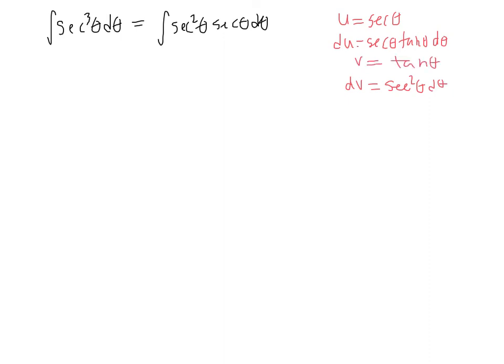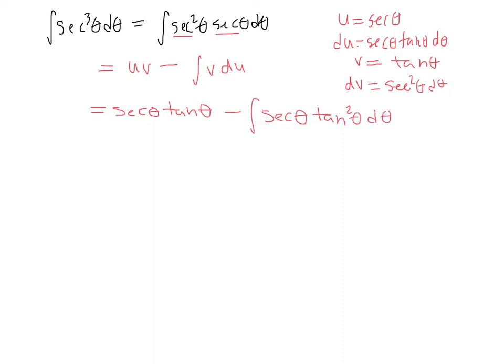And that integration by parts formula tells us that we have uv minus the integral of v du. So uv will be secant theta tan theta minus the integral of secant theta times tangent squared theta d theta. And we will use trigonometric identities to change tangent squared theta back into secant squared theta minus 1.